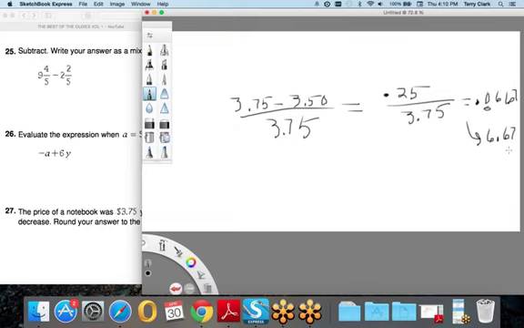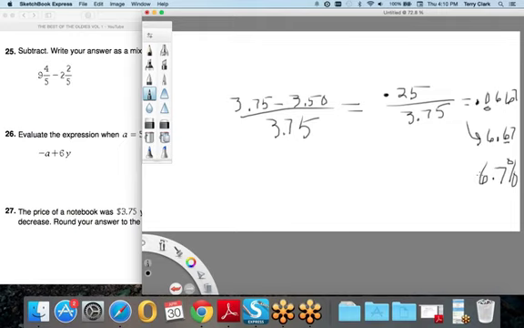And then a tenth of that will be this one right here, so it's going to be 6.7%. That's going to be 6 and 7 tenths of a percent when we're finished.